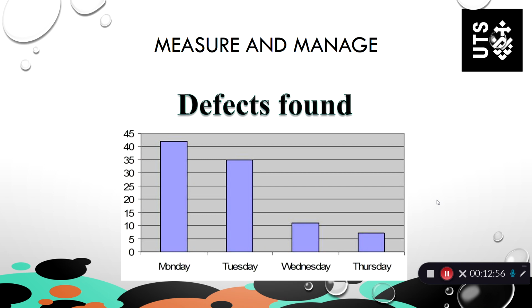How do we measure the performance of our test? Right. So in this diagram, we have defects found. Monday we found 42. Tuesday we found 35, and then Wednesday we found 11, and then Thursday we had 5.